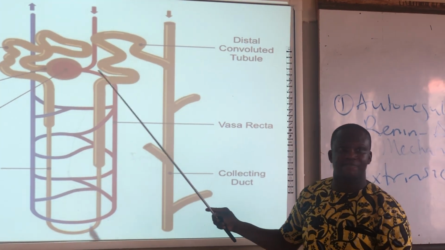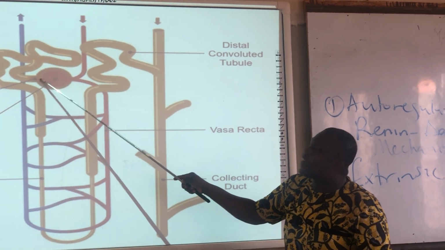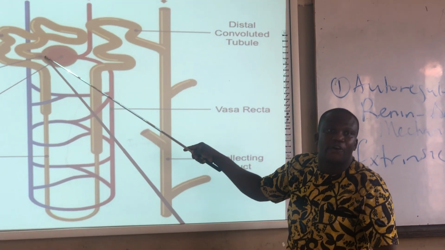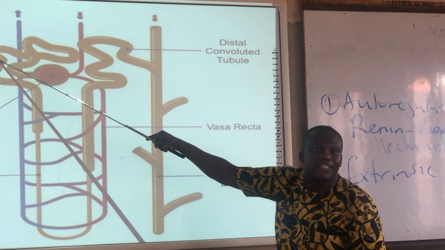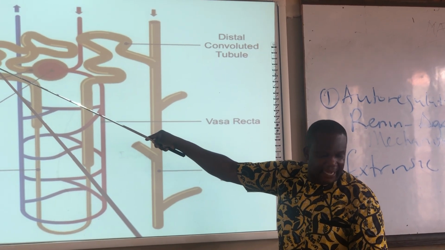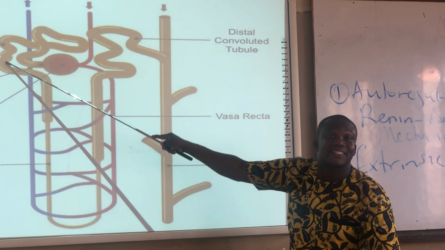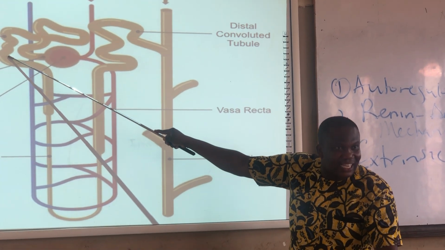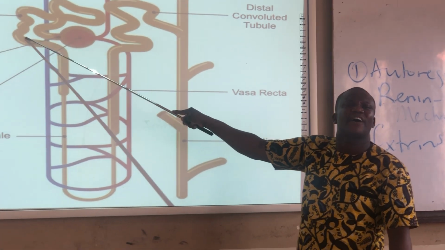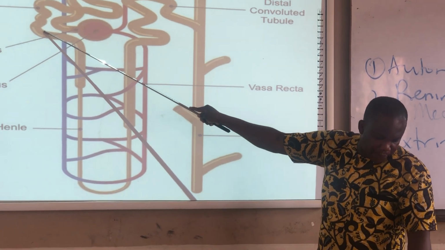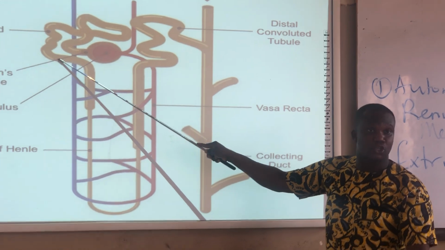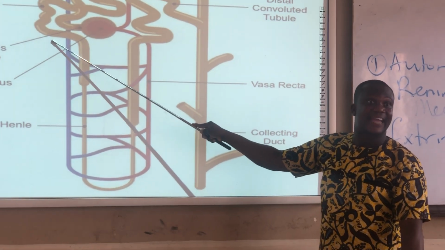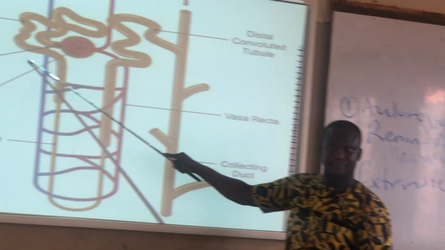So the moment the glomerular filtrate moves from the Bowman capsule and reaches the proximal convoluted tubule, the ascorbic acid, lactic acid, glucose and amino acid are reabsorbed there. Now, we are not yet done.